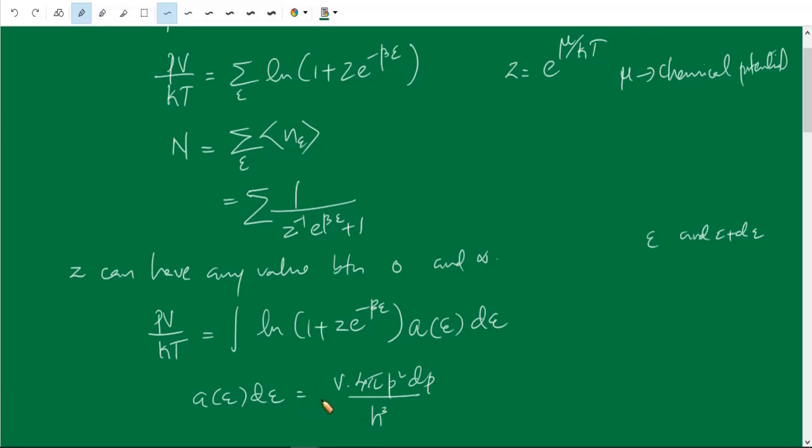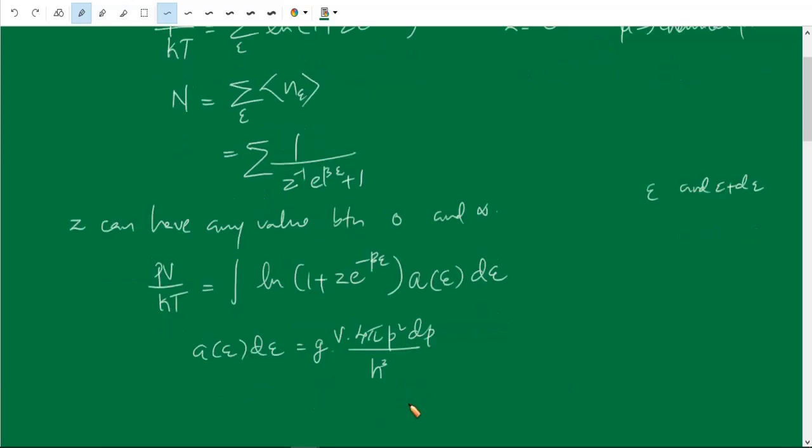If we consider internal structure, there will be an additional weight factor, that is, we have to multiply with g, where g is the degeneracy of a level. So g times V 4π p² dp.